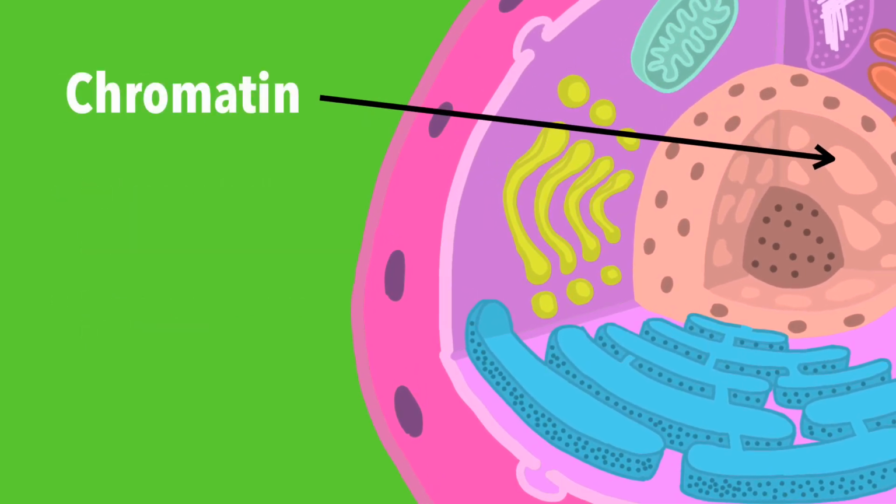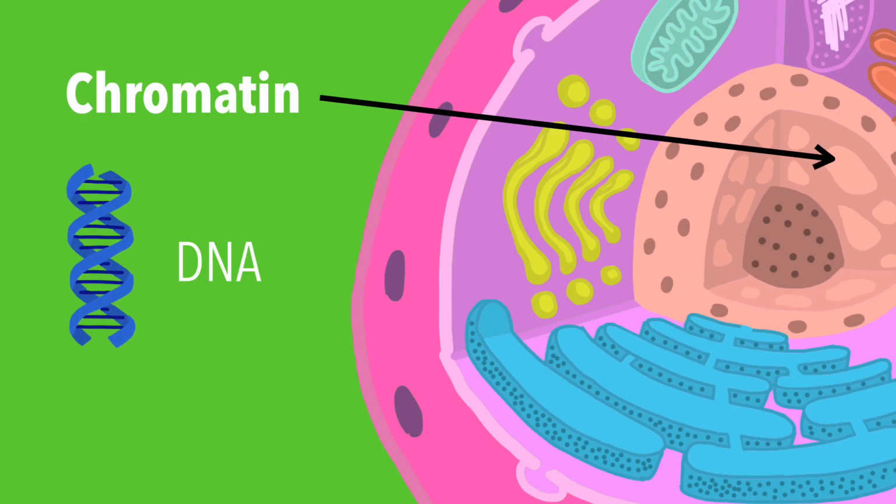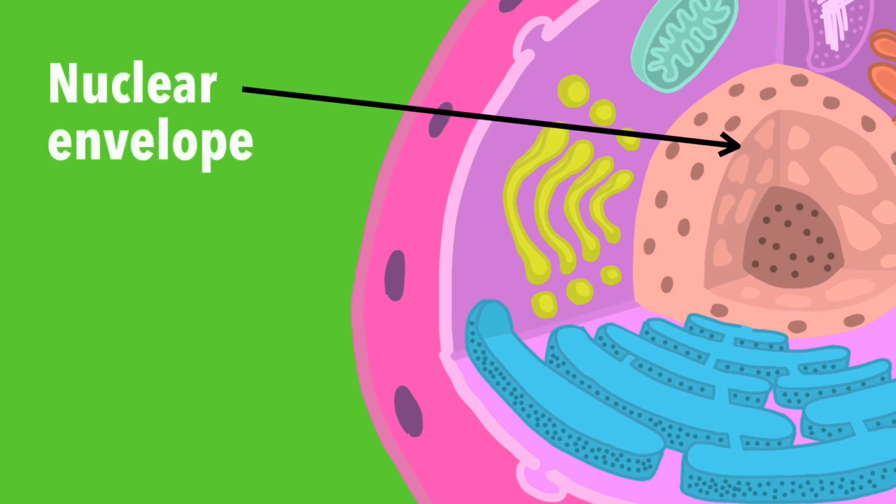Okay, let's move to the structures in the nucleus. Inside the nucleus, you can see chromatin. It consists of DNA and proteins. DNA is the genetic material in the cell. They have the ability to produce proteins which control all of the body's activities. Initially we mentioned the cell membrane.